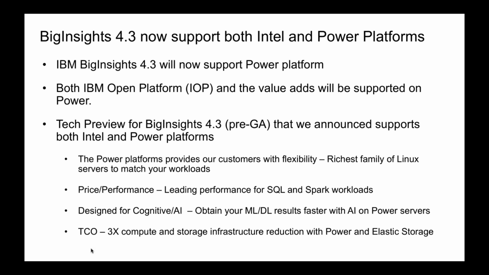So we have a unique software package called Power AI that brings together a core set of open source deep learning frameworks that have been specifically optimized for Linux on Power to really take advantage of some of those core processor benefits that I mentioned. So the combination of Power AI for deep learning with BigInsights IOP for cost-effective Hadoop Spark infrastructure is a great sort of 1-2 combo to really see the benefits of the Linux on Power environment.